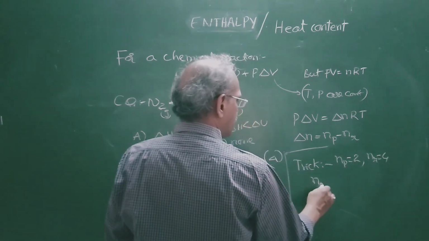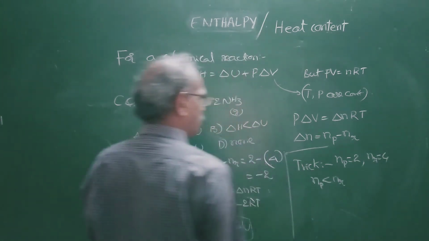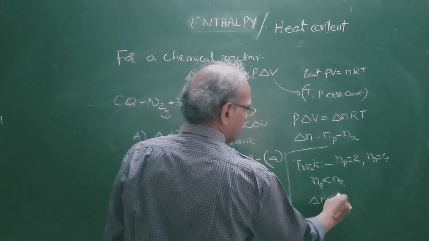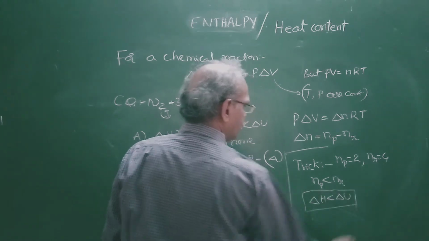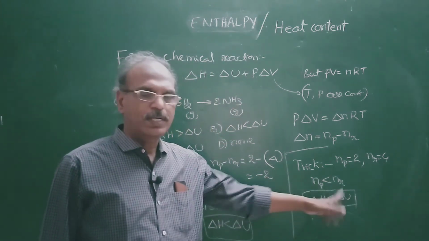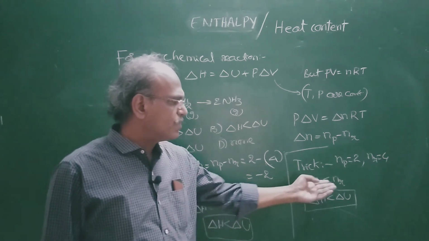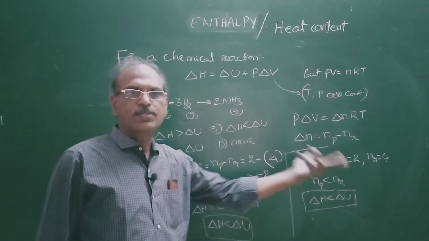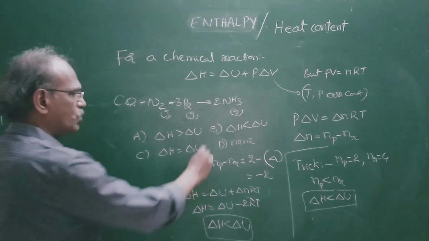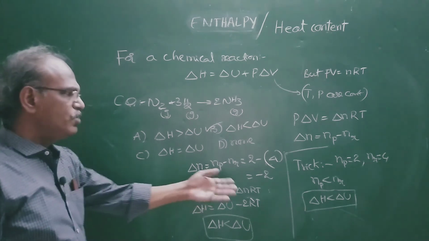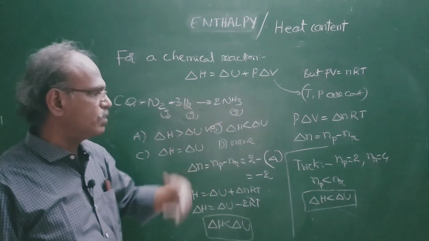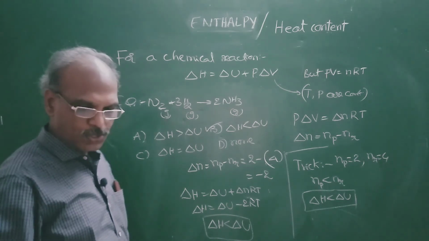If Np is less than Nr, just on observation you can say delta H is less than delta U. If Np is greater than Nr, delta H is greater than delta U. If Np is equal to Nr, delta H is equal to delta U. In this way you can easily answer this. So for this type, no problem. You can directly, just by looking at the equation, answer this type of question.